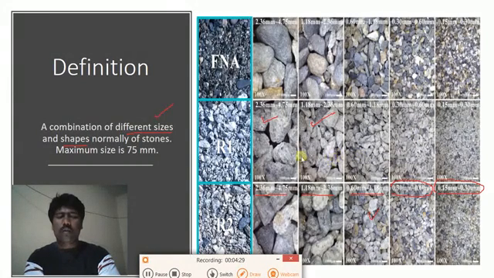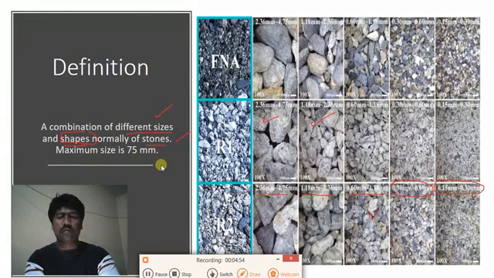Also, if you observe here, each aggregate is of different size and different shape. This combination of different sizes and shapes makes a different number of stones. So what is the maximum size of the aggregate that is possible here?